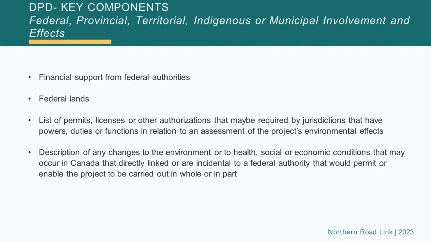So this could include many, many different agencies, federal, provincial, in some cases municipal as well. And then finally, description of any changes to the environment or to health or social or economic conditions that may occur in Canada that are directly linked or are incidental to a federal authority that is responsible for permitting or enabling the project to be carried out.